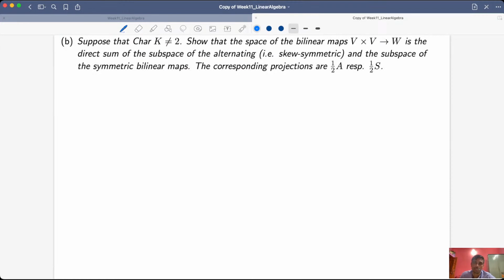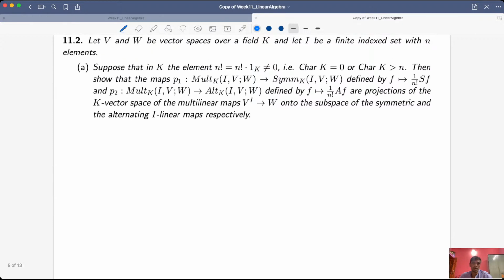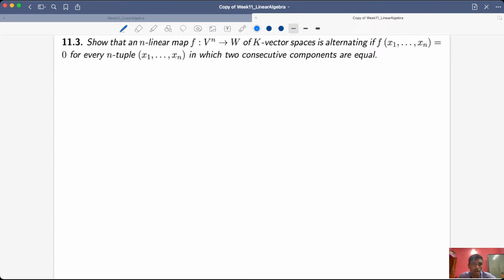But in this case, you can think of P1 not as symmetric, but just as a map from multilinear functions from V to W to multilinear functions from V to W.